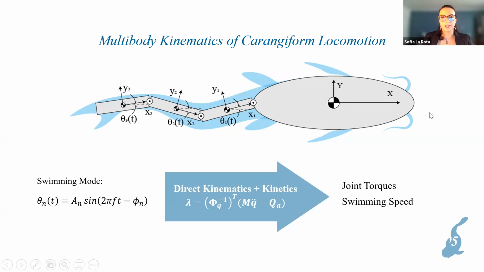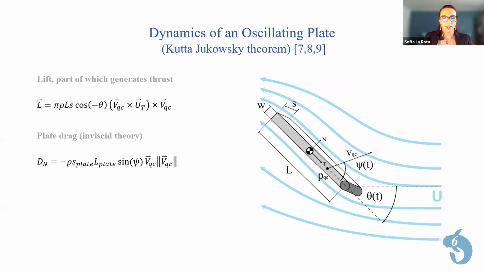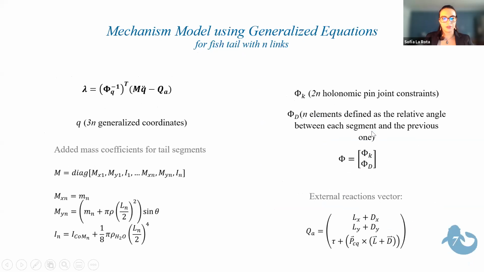Now, for the hydrodynamics of the problem, we concern ourselves with the quasi-steady two-dimensional wing theory suggested by Mason and Burdick in their own carangiform robotic fish. According to this model, hydrodynamic lift and drag derived from the Kutta-Joukowski theorem is applied to an oscillating flat plate. Now to the system kinematics.